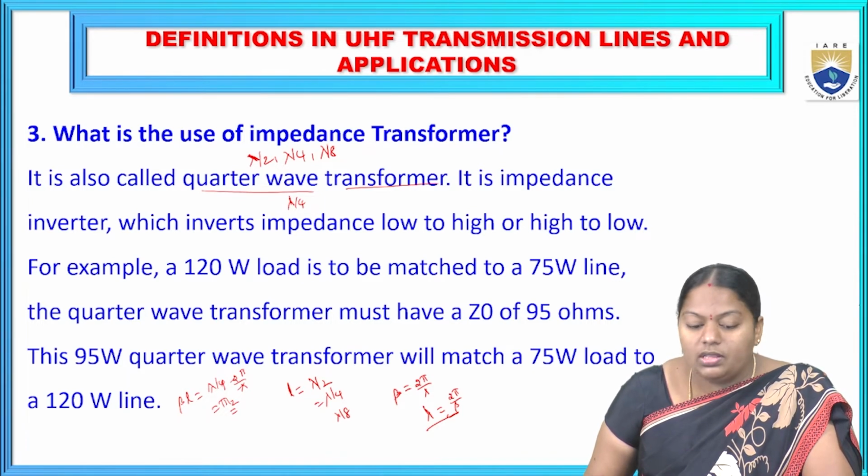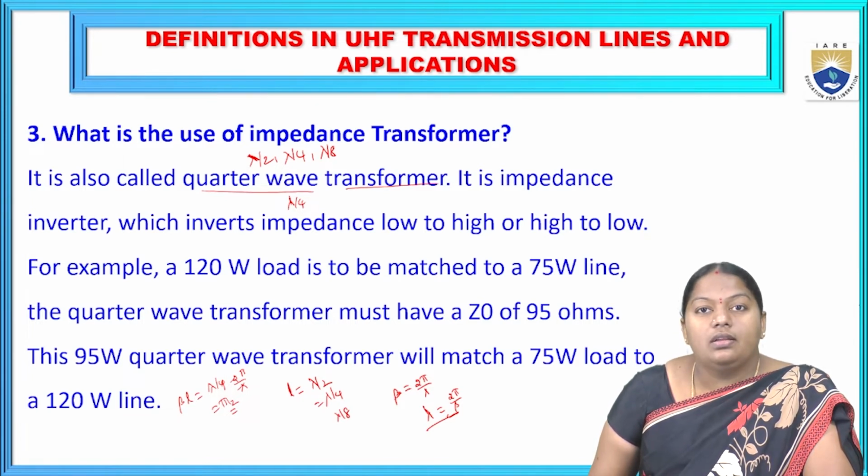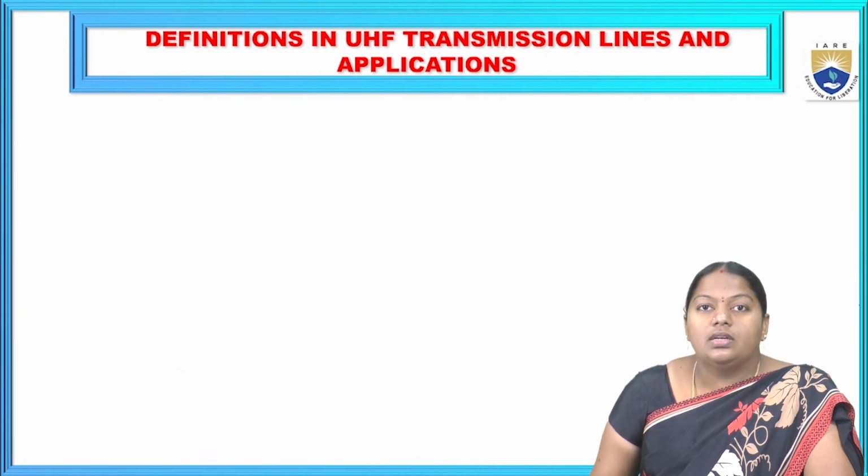Depending upon the wavelength we have used, we get the impedance and see how it is matched in different cases. We have analyzed this in the theoretical lectures also. So, in general, this impedance transformer is also called a quarter wave transformer, with length considered as lambda by 4.